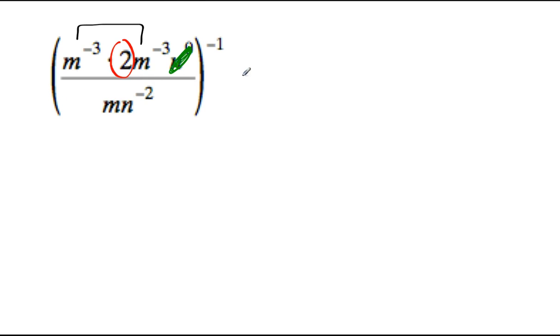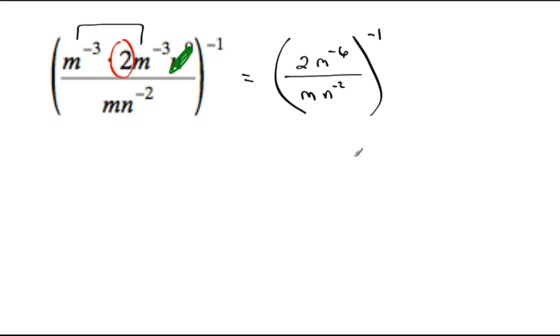Okay, cool. So let me take my first step, and I'm just going to rewrite this as 2 m to the negative 6 over m n to the negative 2 power, all raised to the negative 1. Okay, so I definitely cleaned it up. I could clean it up more if I wanted to. All right, so if I were to clean this up even more, this m to the negative 6 should come down here as m to the positive 6.